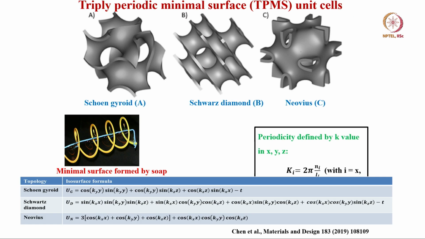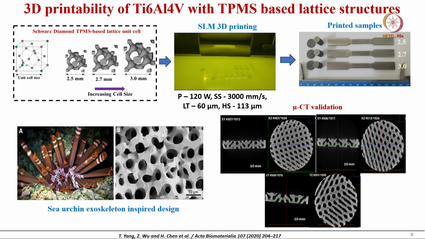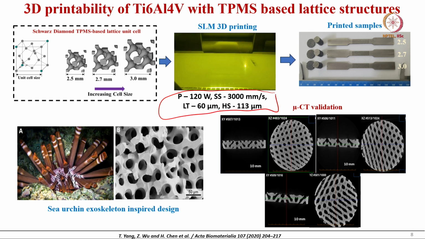In this video, you can see that this particular lattice structure is essentially being printed using the SLM technique. And what are the parameters that have been optimized? Scan speed is 3000 millimeter per second, power is 120 watt, and hatch spacing is 113 micron.